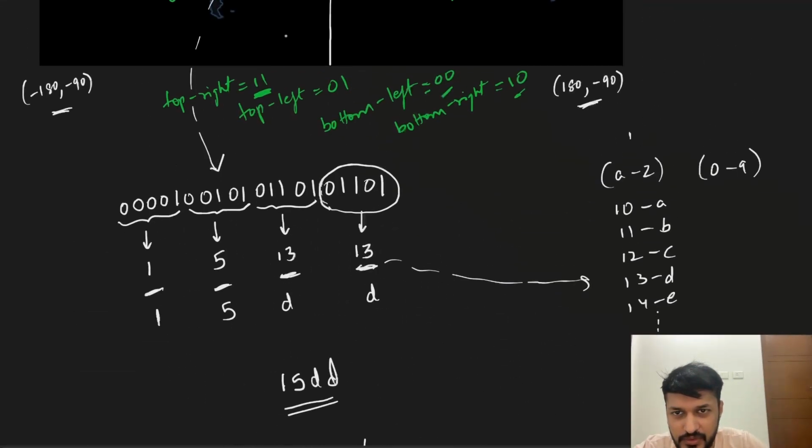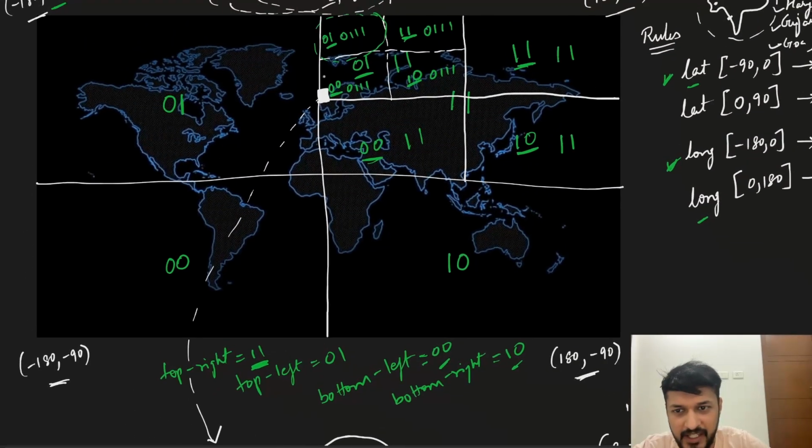If I take this particular map, you can see these two blocks are nearby, right? And since these blocks are nearby, they are sharing a common suffix, right? So even if I divide this block further, this will have a suffix of 01011, right?